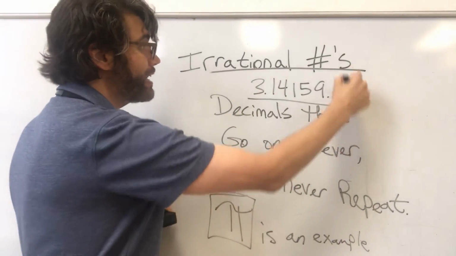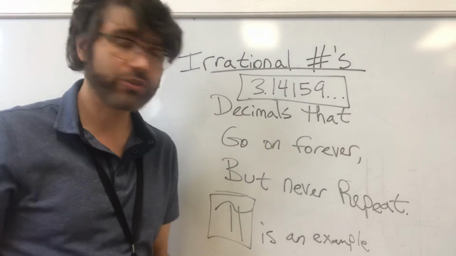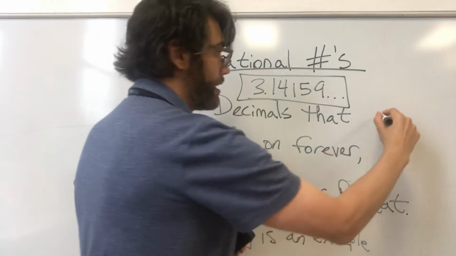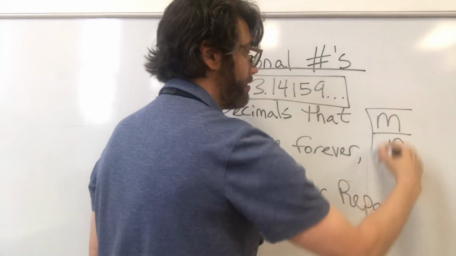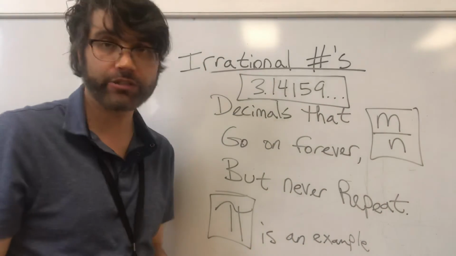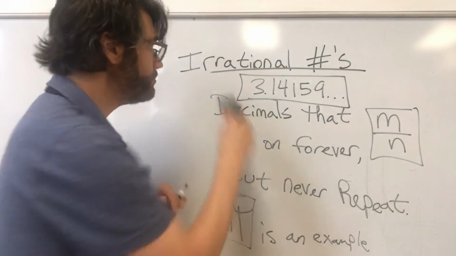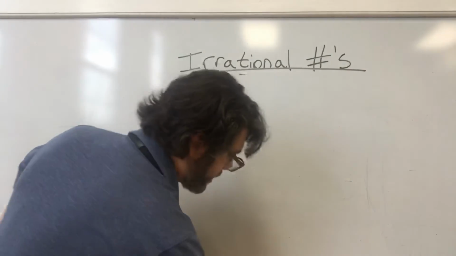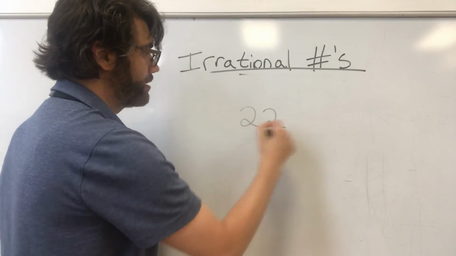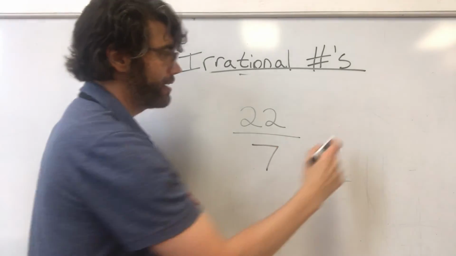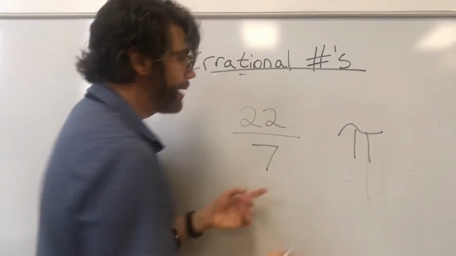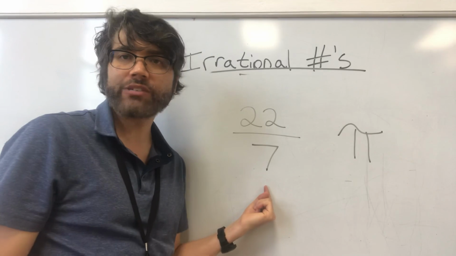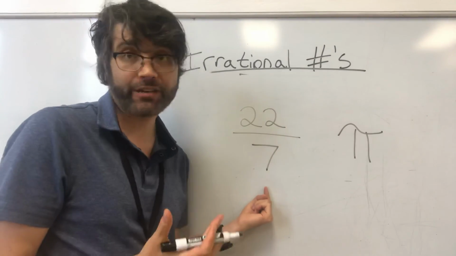So pi can never be reduced to a fraction in this m over n form, where m and n are both integers. There's no way to do that. You may have, in the past, been told that 22/7 is pi, but in fact, 22/7 is only an approximation of pi.